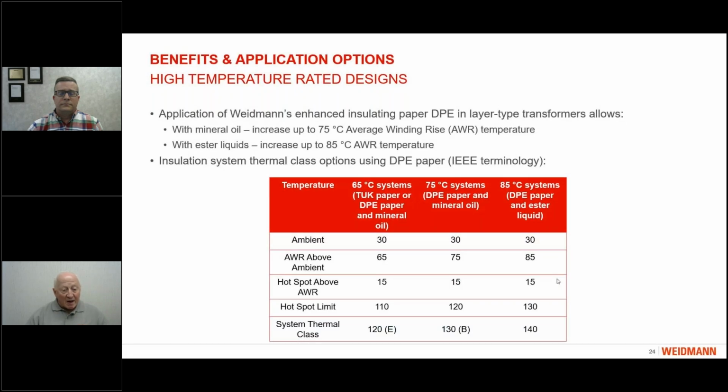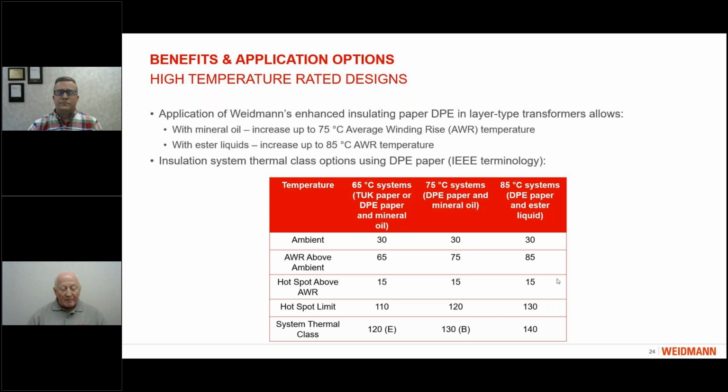As we just discussed, the DPE paper allows a higher class of insulation systems. In mineral oil, it can result in 75 degrees average winding rise temperature systems, and in ester liquid, we can increase temperature up to 85 average winding rise temperatures.